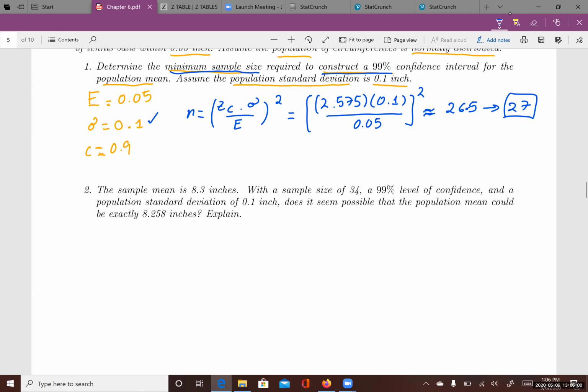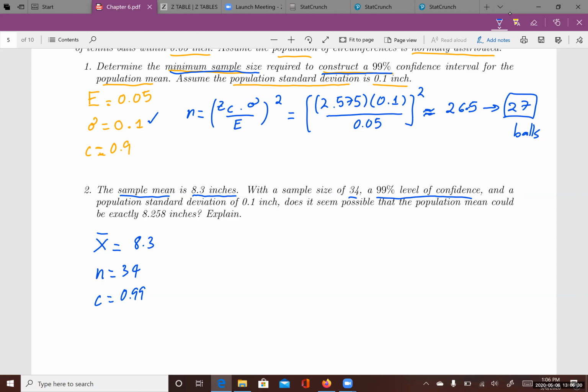So the second part of this example is, if you are given the sample mean is 8.3 inches. So the sample mean, that means x bar is 8.3 inches, with a sample size of 34, so n equals 34, and a 99% level of confidence. So C is 0.99.